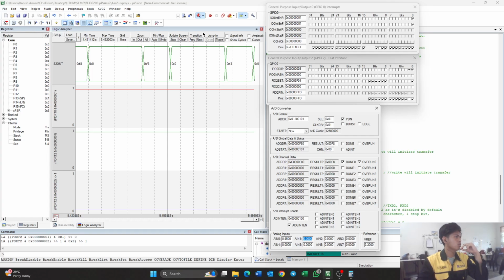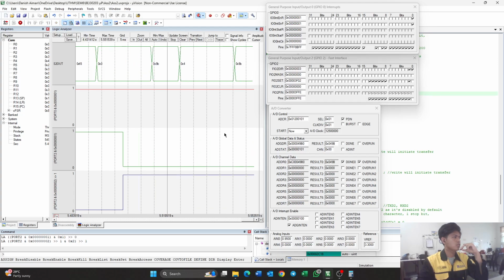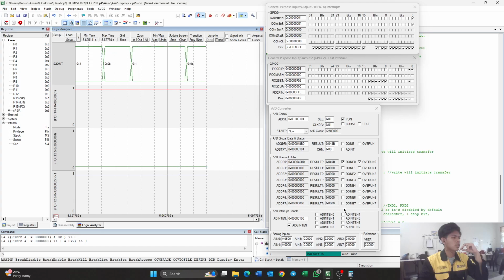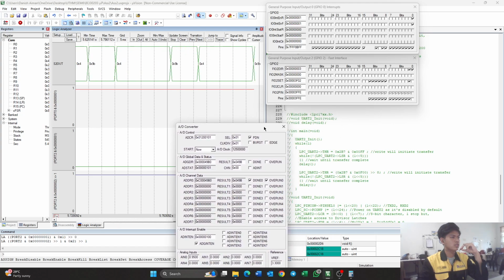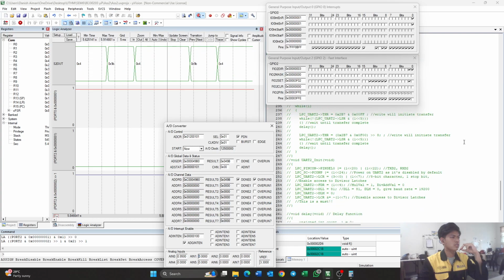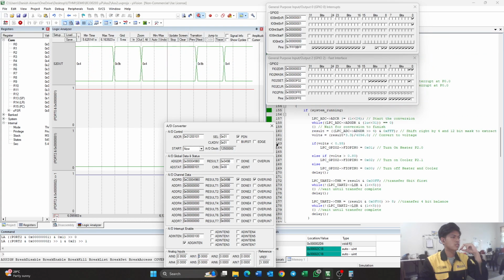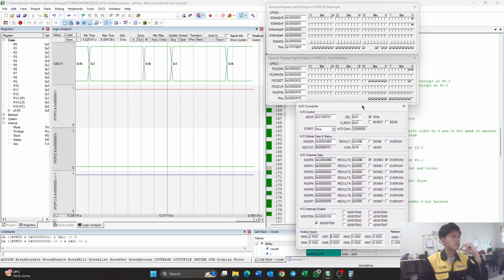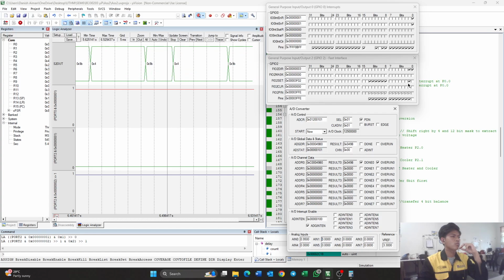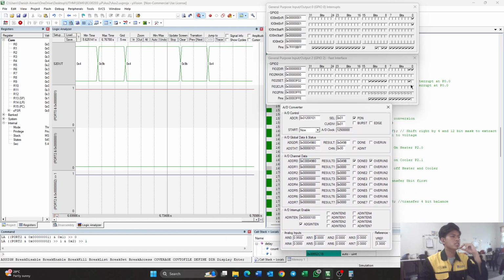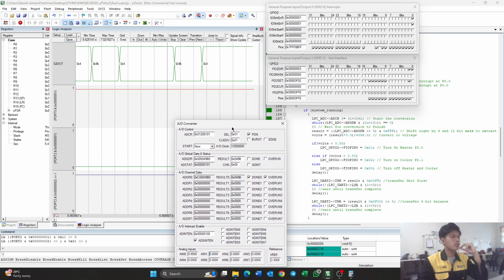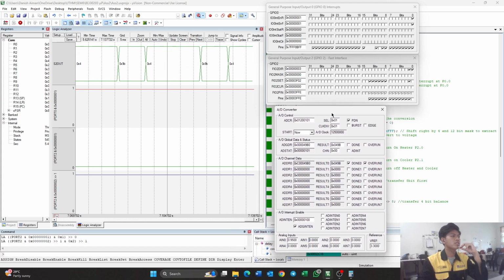So let's run the simulation. This is the port and pin that we have set in the coding, where port 2.1 will be turned on.